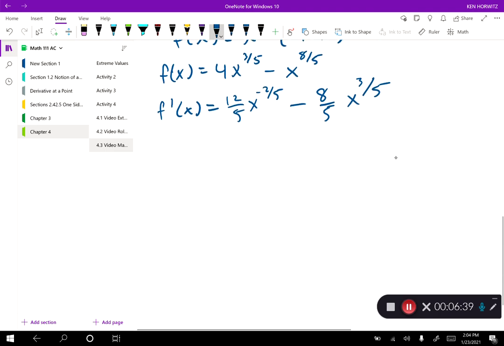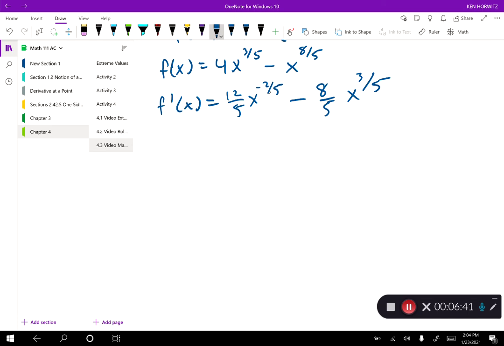And now we need to simplify just a little bit more. We have a negative exponent, so I'm going to make that positive by moving it to the denominator, and in order to get a common denominator, I'm going to multiply top and bottom times x to the 2/5 over x to the 2/5.